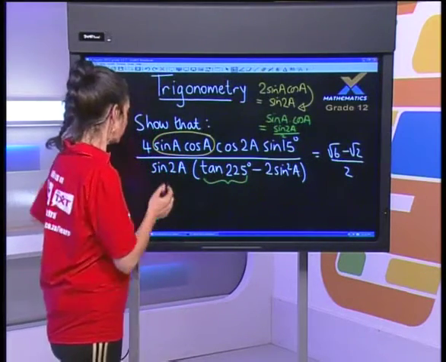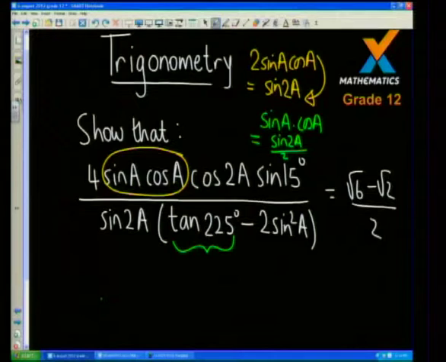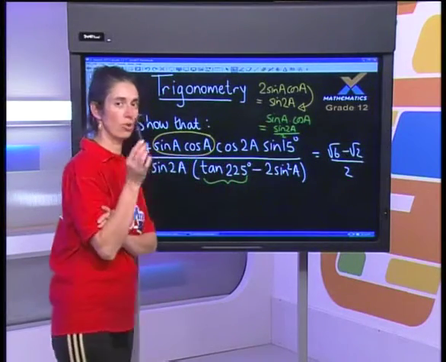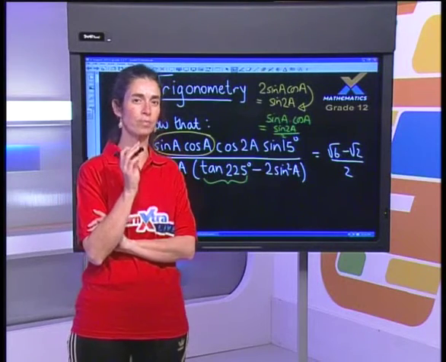So with the sine 2a, we've already written it up here, that it is equal to 2 sine A cos A. So I can see that these factors here would divide into those factors there. I'm going to hold on for this cos 2a. And do you know why I'm not going to do anything at this stage?